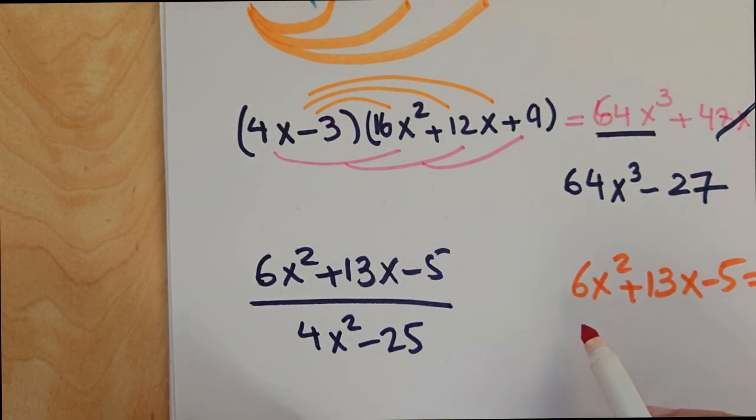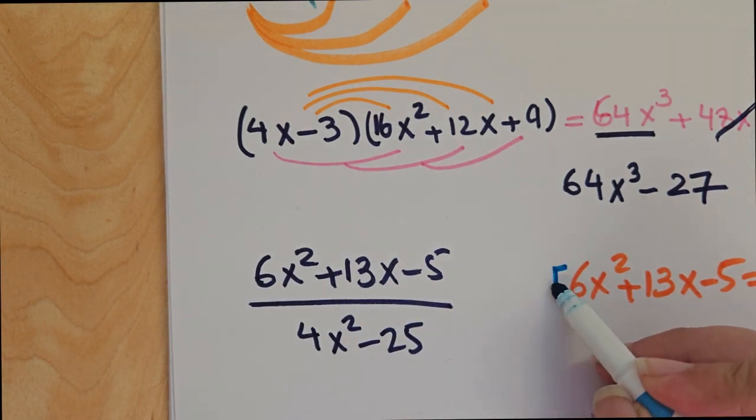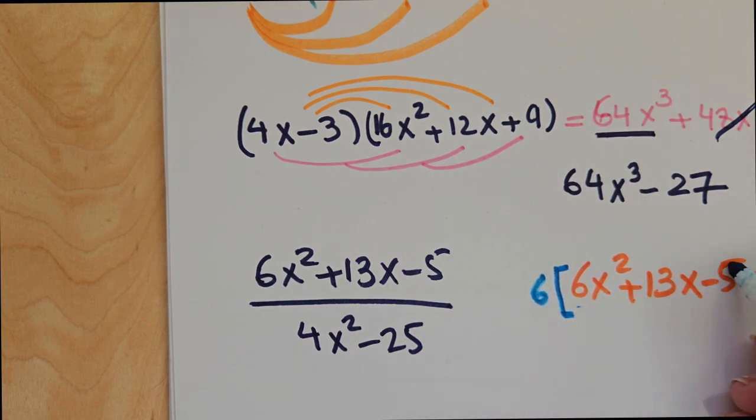Here, the coefficient is 5, so it is not a perfect square, but remember, even if it's not, I can manipulate it and multiply the whole thing by 6, and then after that I will divide everything by 6.